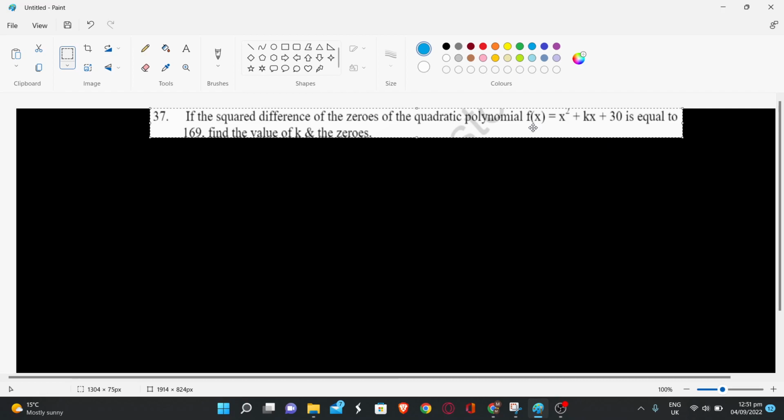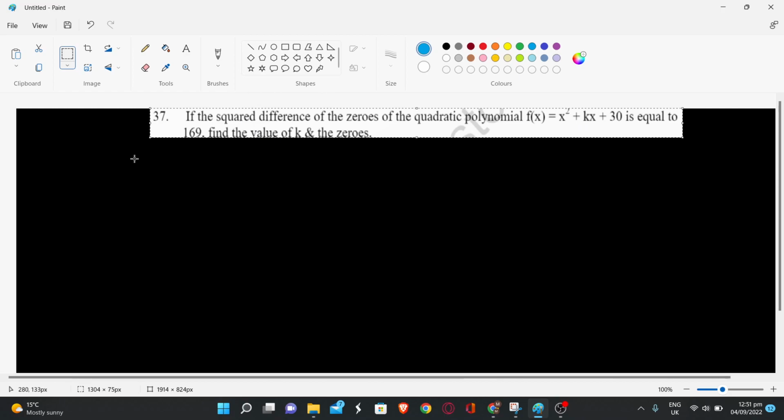We know it's 2 because there's a square difference. I'll explain that in a second. We have this question, x squared plus kx plus 30, and we have to find a k value and x values such that this is equal to 0. Okay, so let's get started.